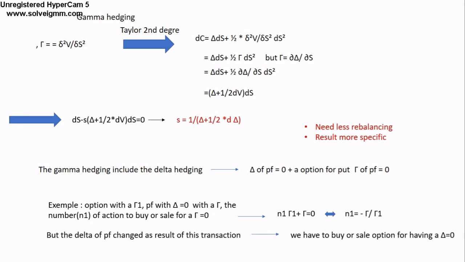Because to use gamma hedging, we have to use delta hedging. So to use gamma, we need to have a delta equal to 0. So if the result of all of that changes the delta of this portfolio, we need to buy another option. So the gamma hedging is about not just one option, but 2 or more options. We need 2 options minimum or less.